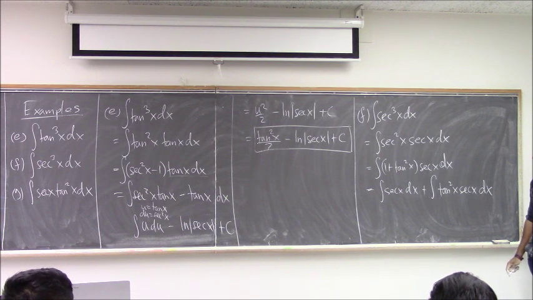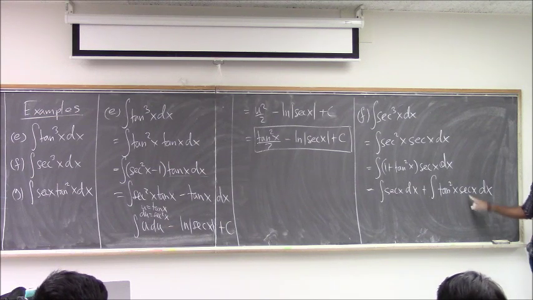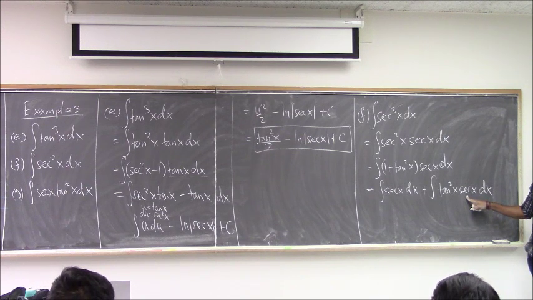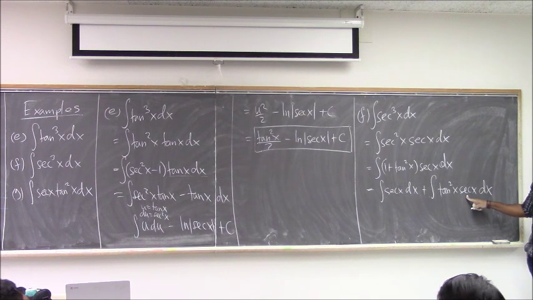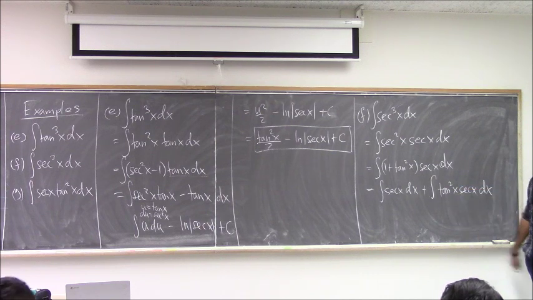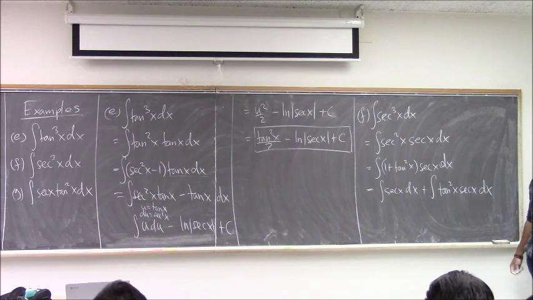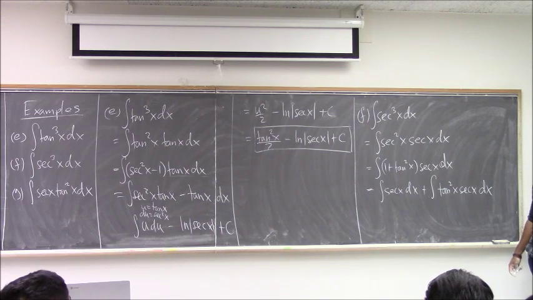And then now you could let u be secant. But if you use secant, your du is going to be secant tangent. You're going to have a tangent left over, which is going to throw a whole radical thing into it. So probably not where you want to go.